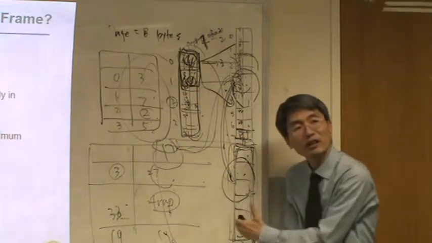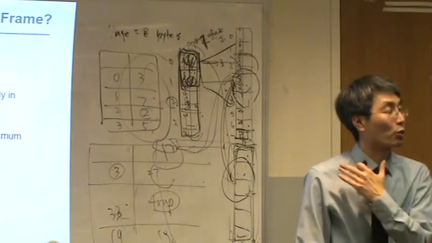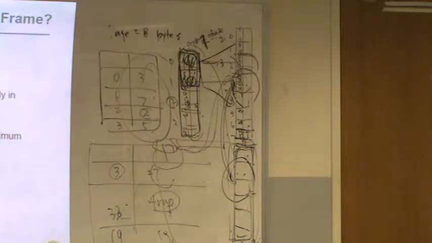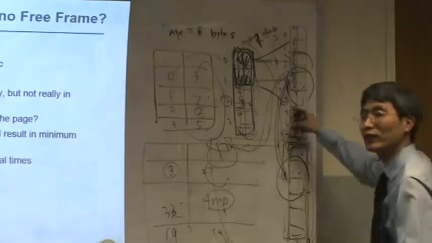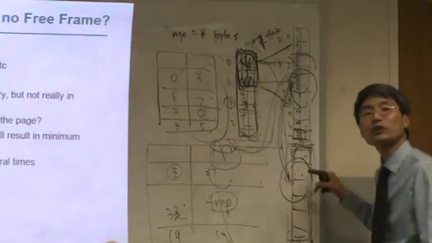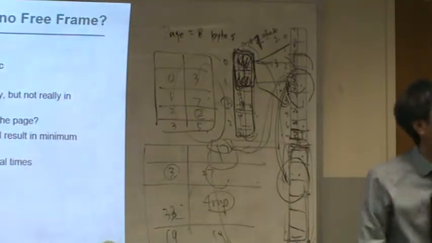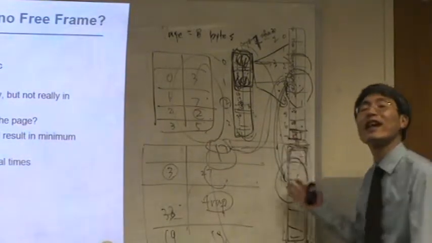So it's still on the hard disk drive, secondary storage, which means the CPU cannot access it. So what if there is no free frame? We need to page out and bring in new pages. That's the only solution. So page in and out.